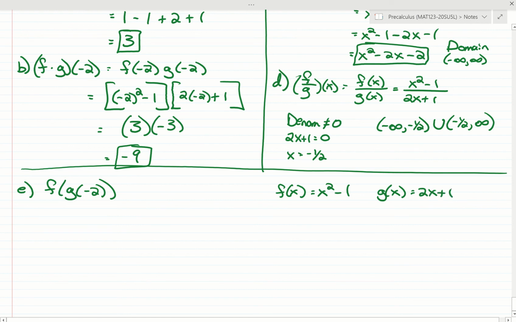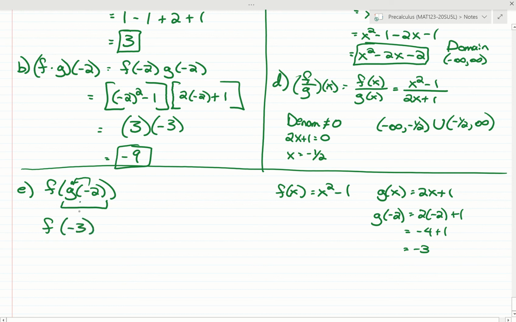Okay, so what this means is, let's start from the inside out. What's g of negative 2? Well, put negative 2 into g, right? We know how to do that. And we get 2 times negative 2 plus 1. Negative 4 plus 1 is negative 3. So that inside piece is negative 3.